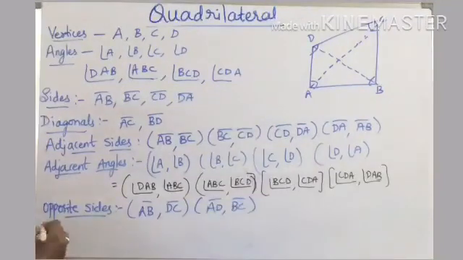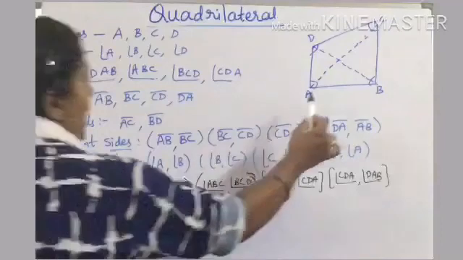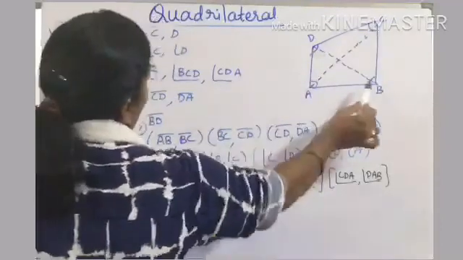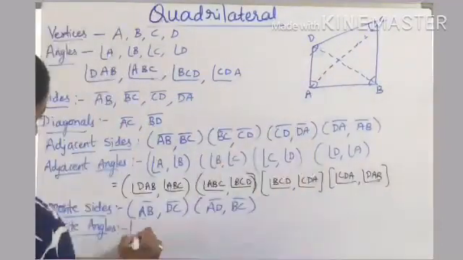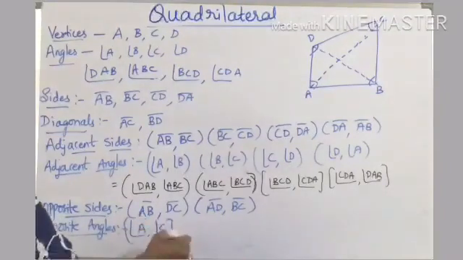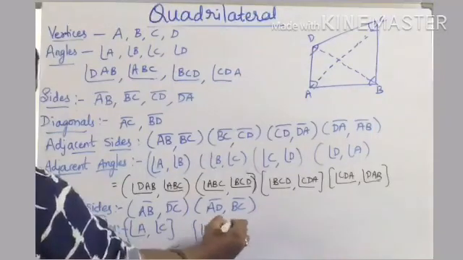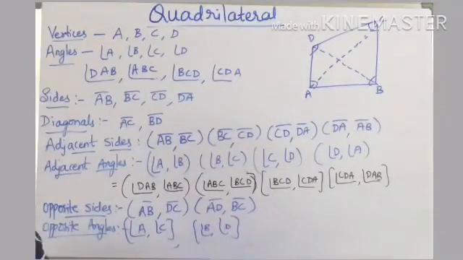Next, coming to opposite angles. You know, angle A is opposite to angle C, and angle B is opposite to angle D. So angle A and angle C are opposite angles, and angle B and angle D are opposite angles. You can write them with single letters or with three letters, children.